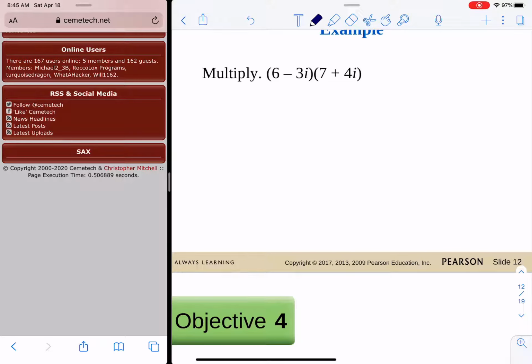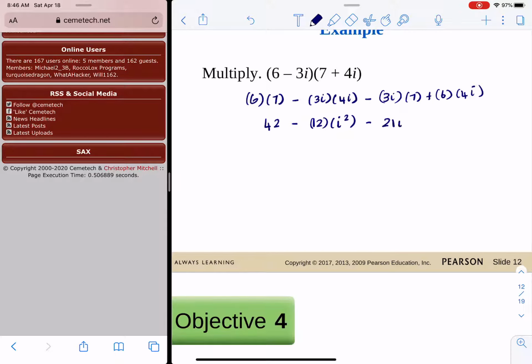So if I use typical foiling, I have 6 times 7 minus 3i times 4i minus 3i times 7 plus 6 times 4i. 6 times 7 is 42. 4 times 3 is 12. i times i is i squared. 7 times 3 is 21, and there is an i. 6 times 4 is 24, and there is an i.